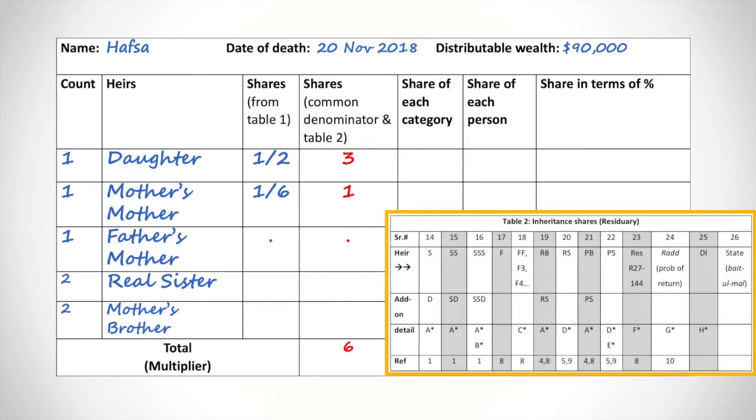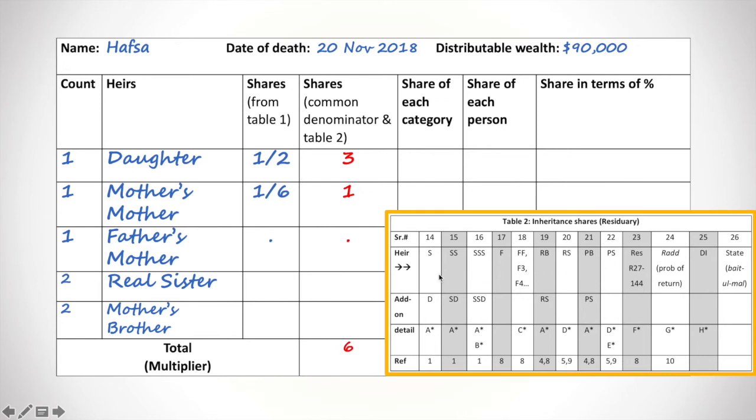We move from left to right, and while doing so, we don't see anyone in the list until we go all the way to real sister. That's interesting. This is a point to note that among these Asba relatives, all of them are men.